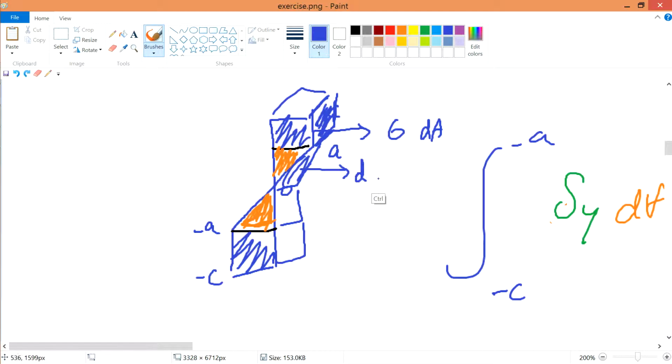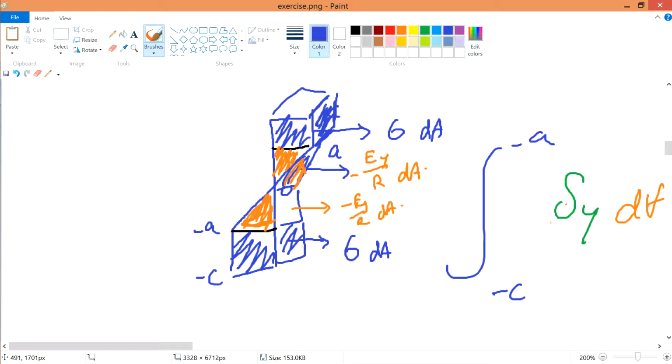This is the orange color one, so it's talking about EY over R multiplied by your dA, and this is also minus EY over R over your dA. And this thing over here is the force, the stress times your dA.